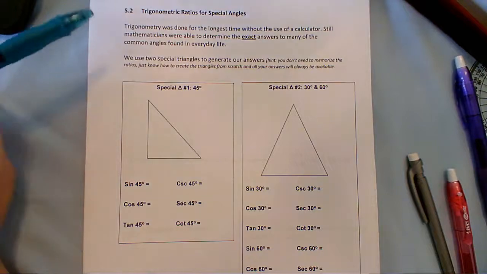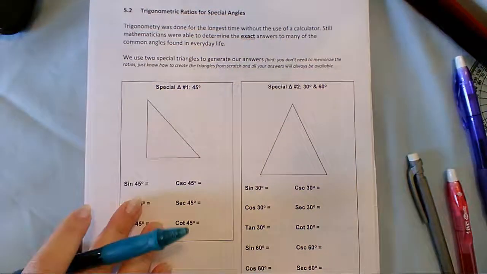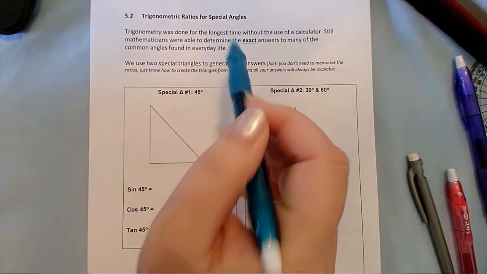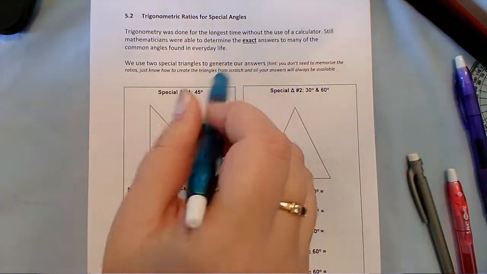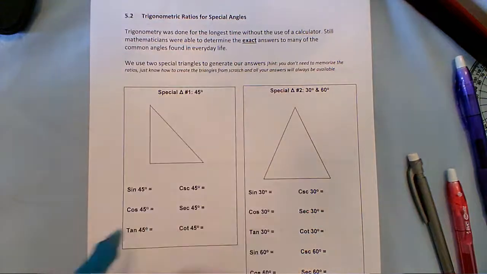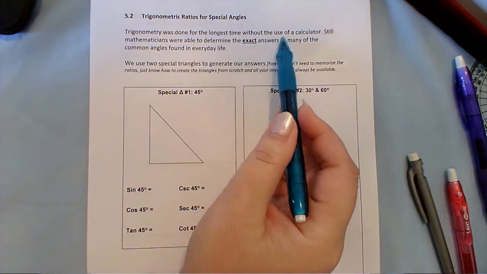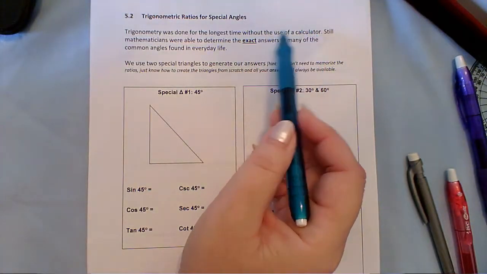So we're going to start right now with the first lesson, which is where do we get exact values from when we're dealing with trigonometry so that we're not reliant on a calculator for our answers. And remember that trigonometry was done for the longest time, right, before the invention of a calculator.